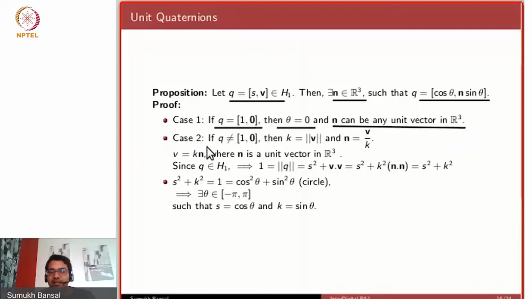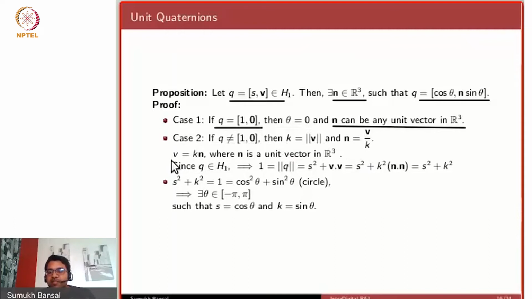But for all other cases, when Q is not a trivial quaternion, then n is given by dividing the vector v by its norm. Let's say that k is the norm of the vector v. So n is given by dividing v by the norm of vector v, which is k.